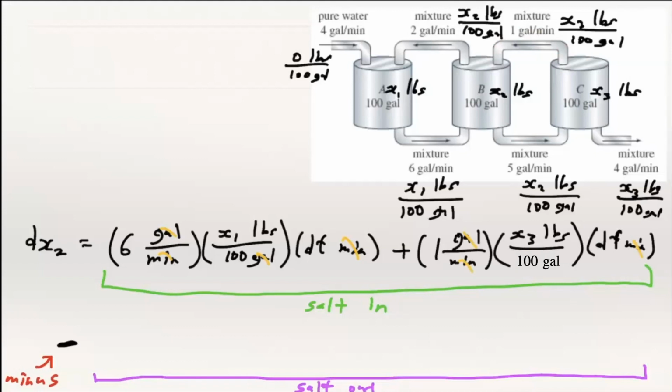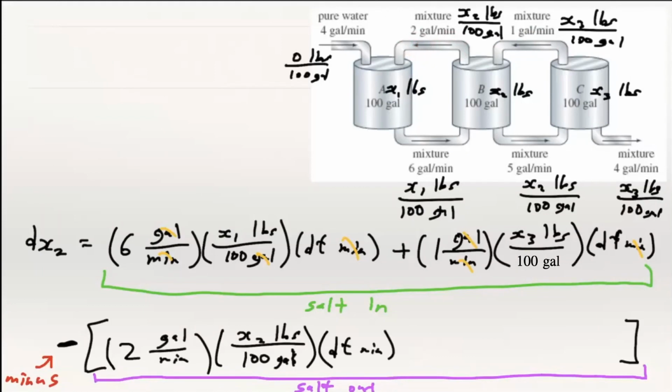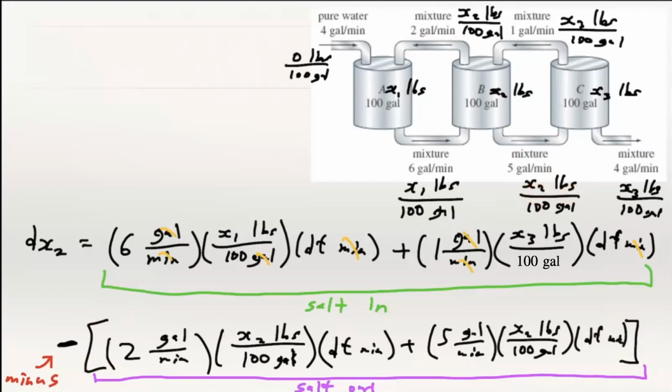And then minus our salt going out. Salt going out is 2 gallons a minute out this pipe at this concentration, x2 pounds per 100 gallons. Big parentheses since we're subtracting this whole salt out thing. So also salt out is this 5 gallons a minute there at this same concentration over dt minutes. So fun. This equation involves all 3 variables.